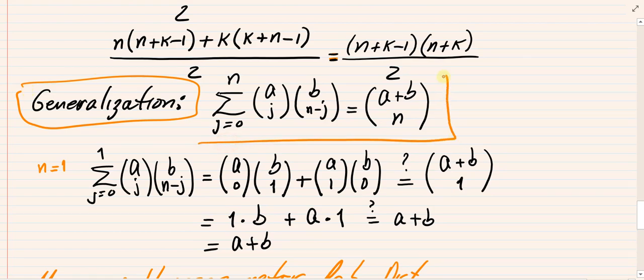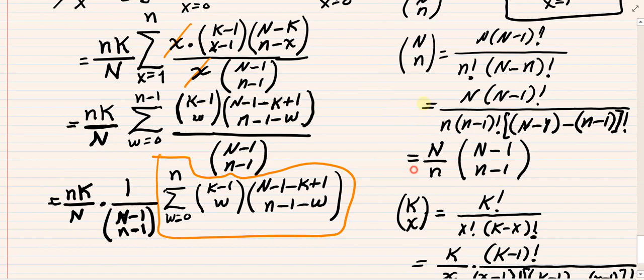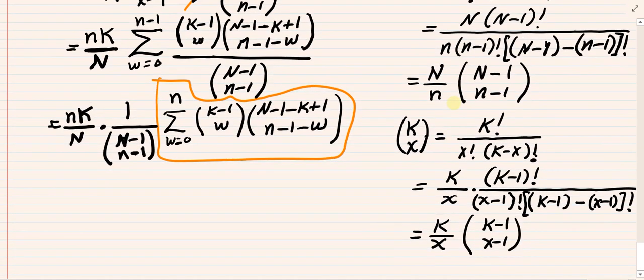So if you go through that change, we're going to rewrite the series using the right hand side of that generalized version. So this is going to be nk over capital N, and then times 1 over n minus 1, n minus 1.